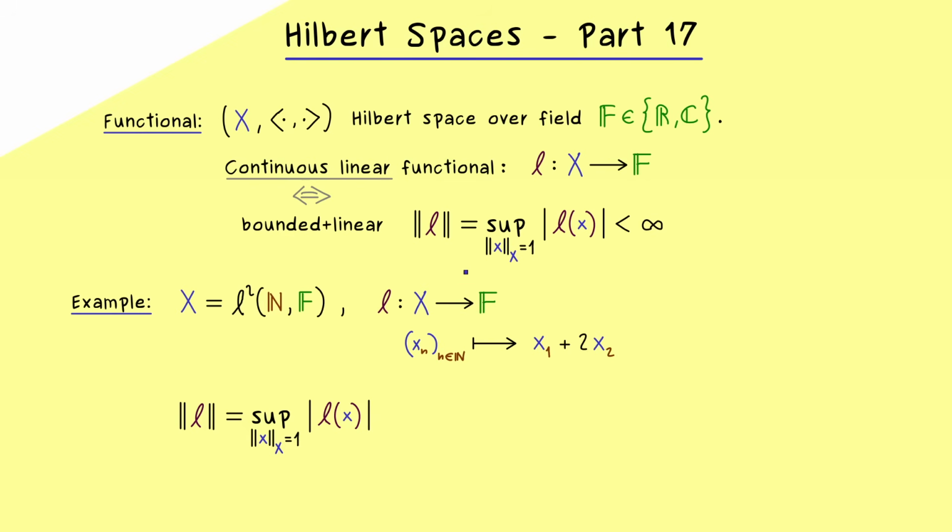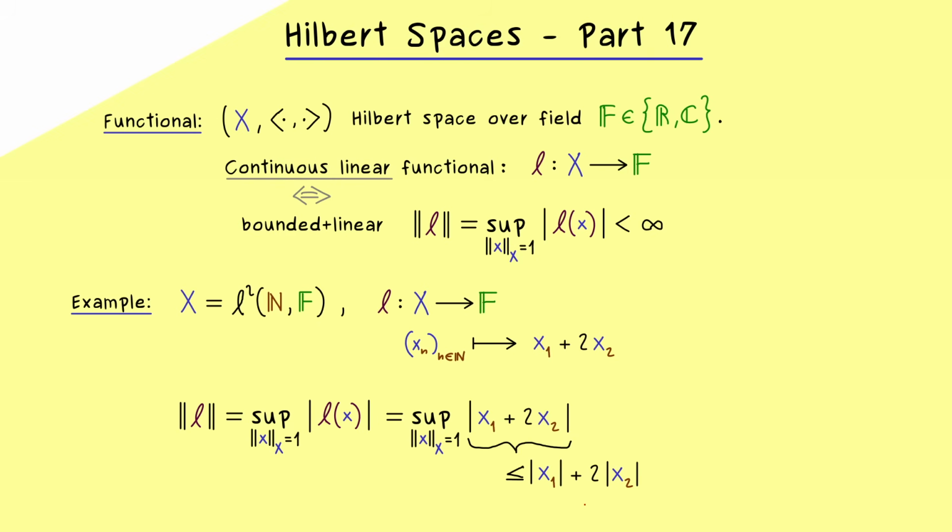Hence, we just have to calculate this operator norm, which means we have to estimate this absolute value of L of x. And this is not complicated at all, because L of x is just x1 plus 2x2. Therefore, we just have to use the triangle inequality for the absolute value to get our estimate. So we just have the absolute value of x1 here and the absolute value of x2, but we already know that the L2 norm of the whole vector x is equal to 1.